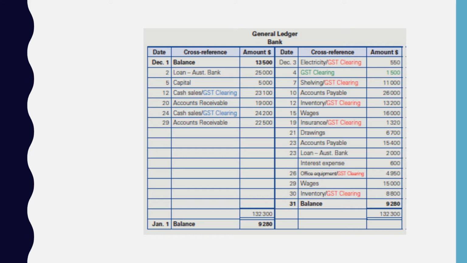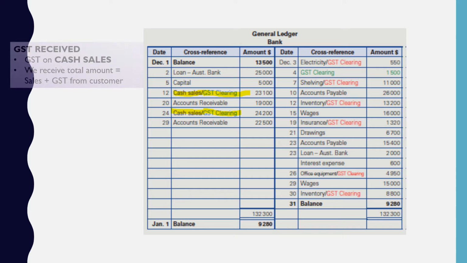Starting from the debit side, we can see that there are two transactions here that have attracted GST, and they are the cash sales. Now these GST amounts are GST received, which has been received as part of the cash sales. Here's a quick reminder for you. When the business makes a cash sale to a customer, it charges the customer the sales amount plus the GST.